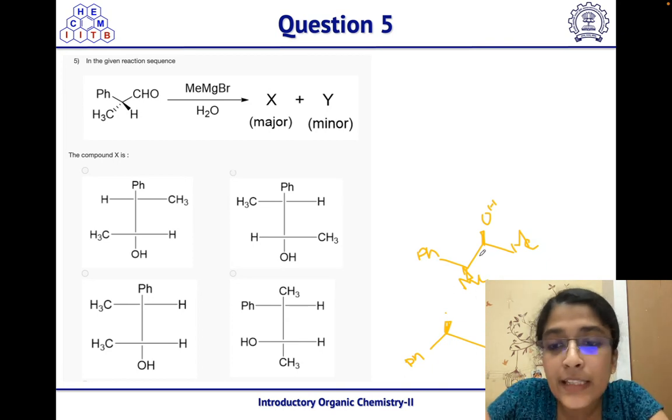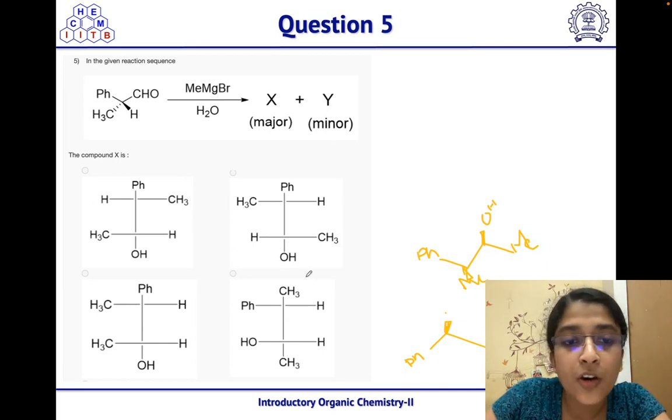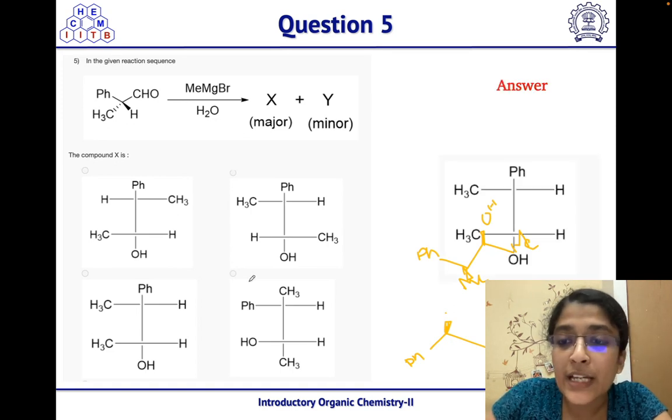So here we can see the R and S conformation of all these Fisher projections, and we can come to know that this is the right answer.